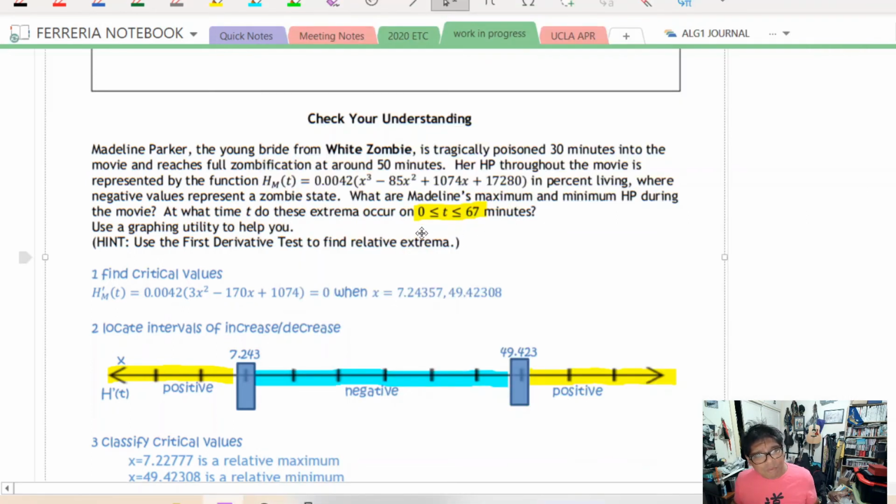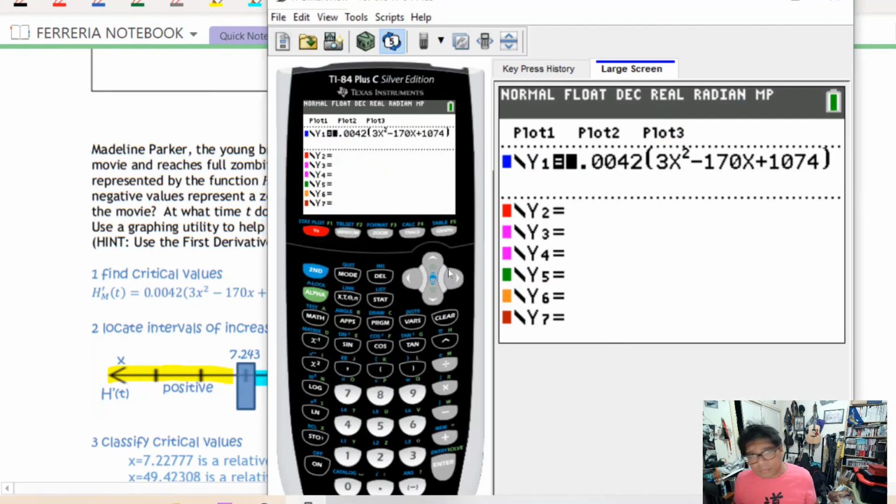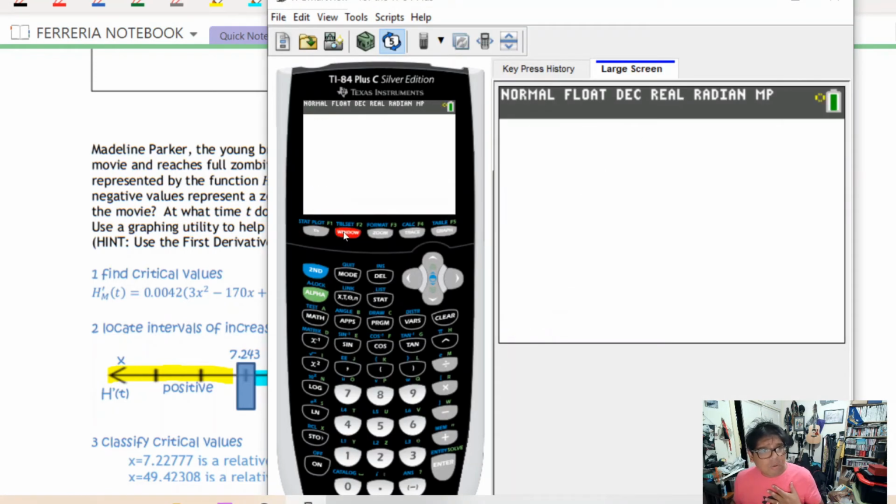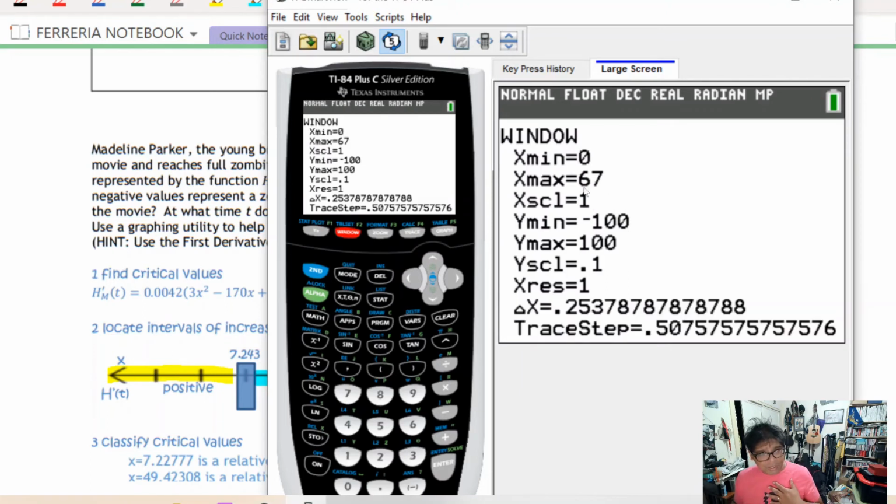Notice that we have a window of 0 to 67 minutes, and that's our independent variable, which is going to be x. There's a little bit of a mismatch here because this is t and that's an x over there. We'll overlook that for now. Use that to set your window, from 0 to 67.